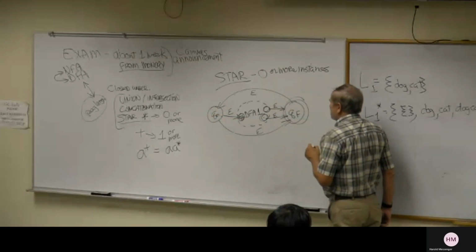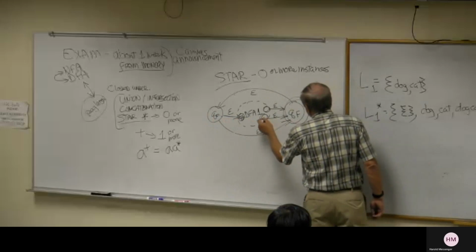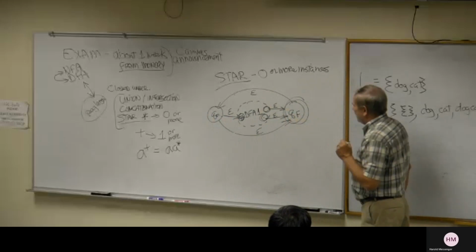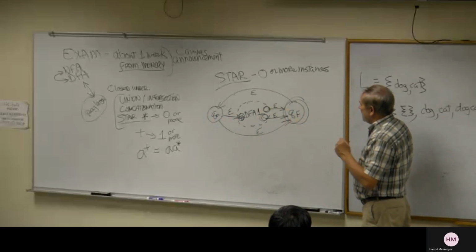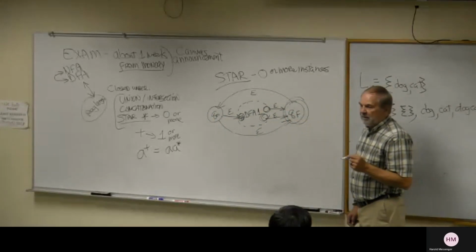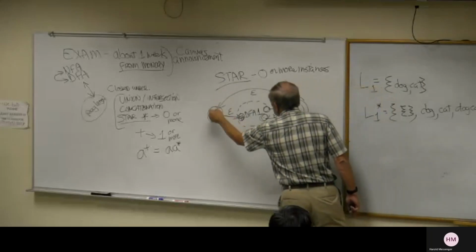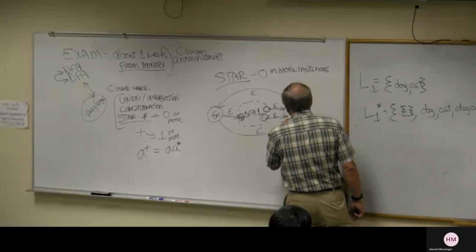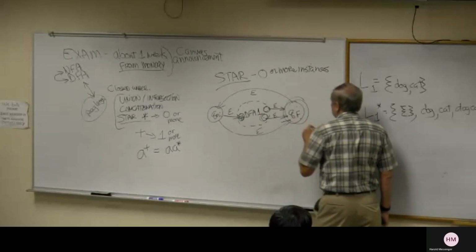And then you just put a big loop around the whole thing. So you can go as many times as you want back to here and go through the whole thing, or you can start here and just jump to the end. So everything that builds the definition of the star operator. And again, this is an NFA, so it must be regular.